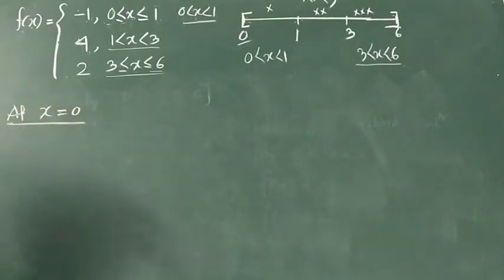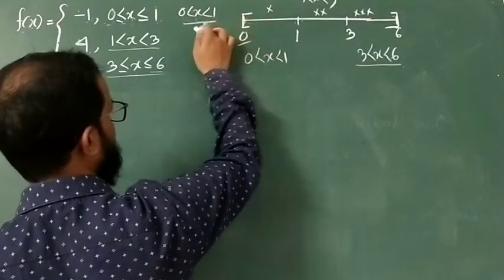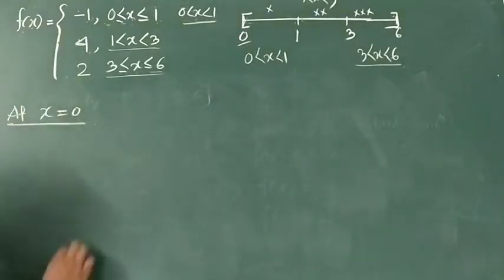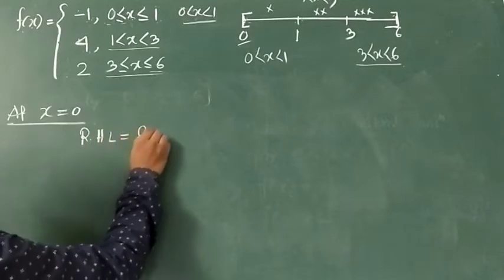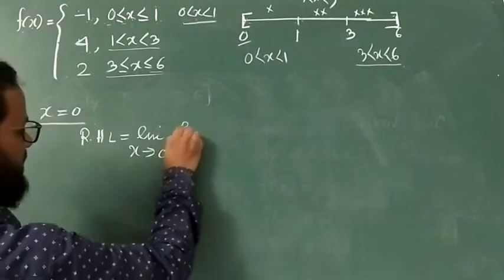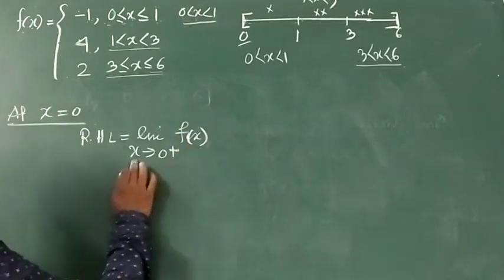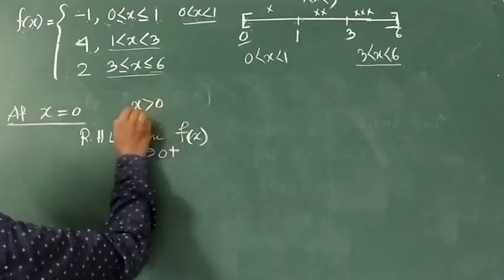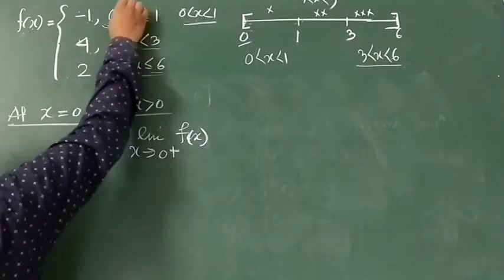At x equal to 0, you see, I already told you that since there is no x available on the left, there should not be any question of left hand limit. So you just start with the right hand limit. Right hand limit is equal to limit x tends to 0 plus f(x). Now you already know x tends to 0 plus means x approaches 0 from the right, means x is greater than 0, and the condition x greater than 0 is included here.